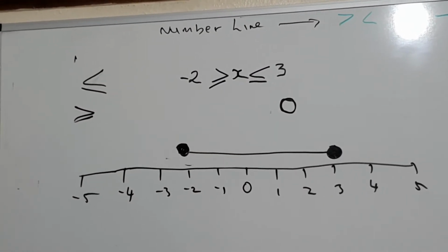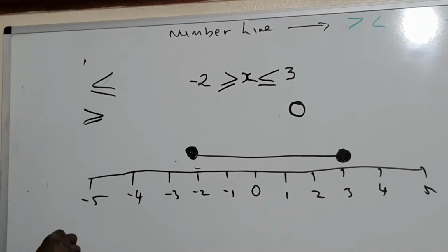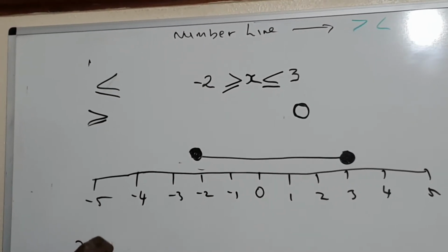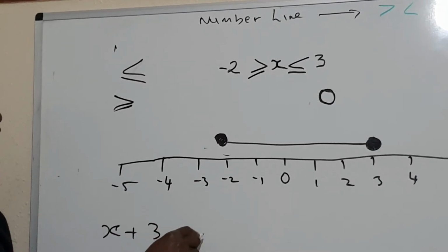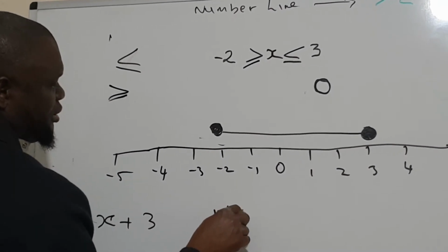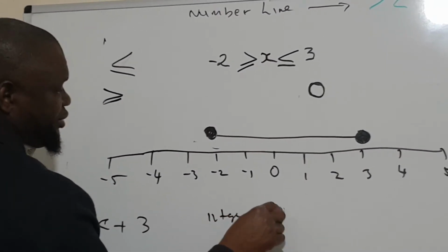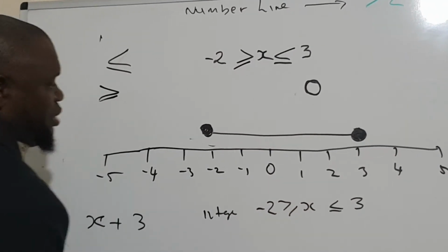So, if they give you a graph, and they said, find the value of y equals x plus 3 for all integers within a range of minus 2 to 3. What do they mean?